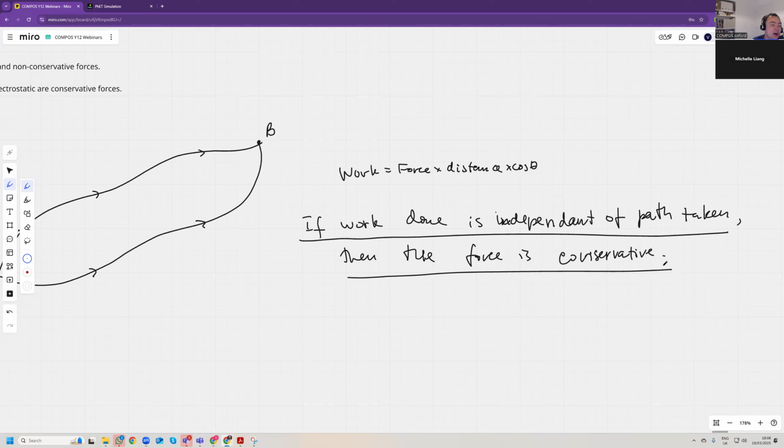So what's an example of a conservative force? Well, gravity is a conservative force.